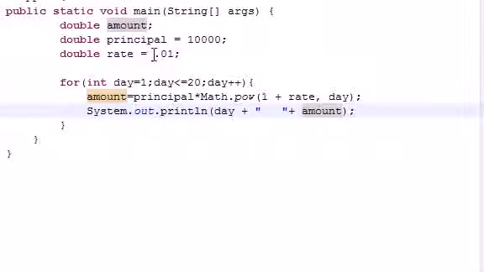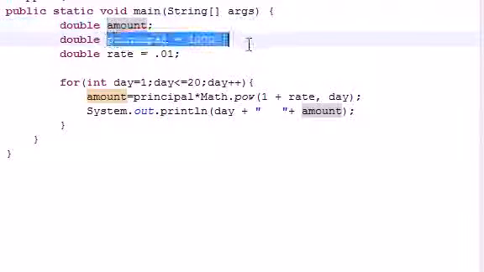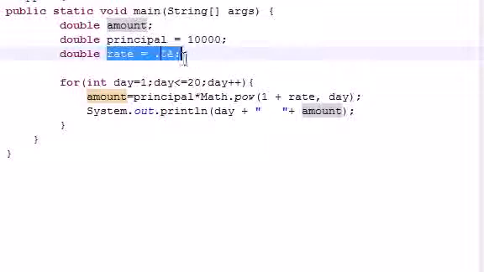Let me show you how this works one last time, as I always do. We needed three variables because that's how many variables are in this formula. You need to figure out the amount, which we don't know yet, but we do know the principal, which is the starting point, and the rate.